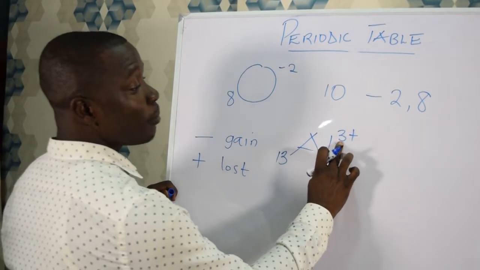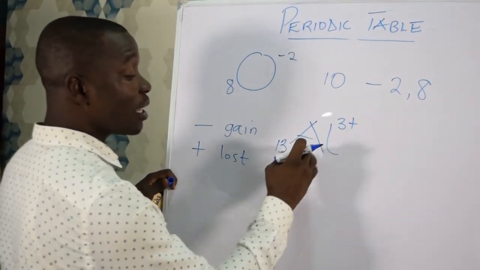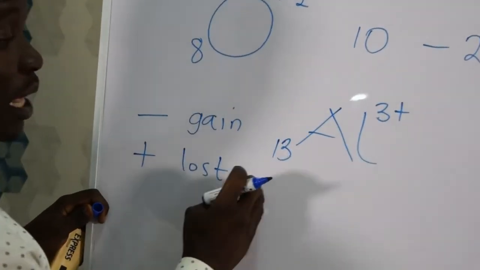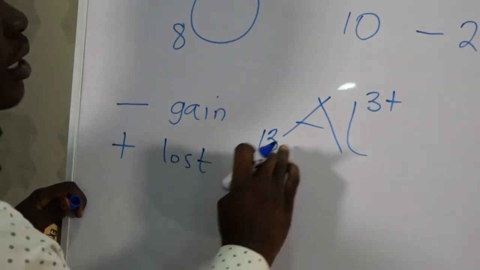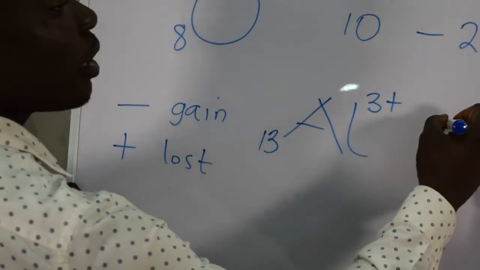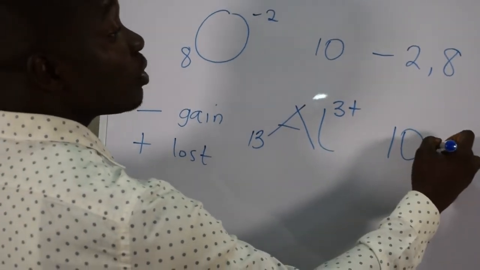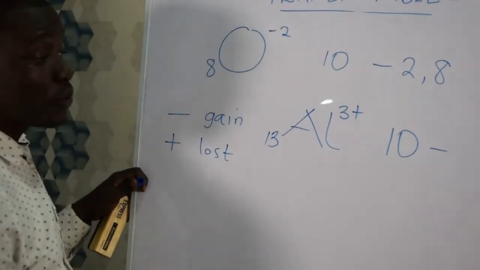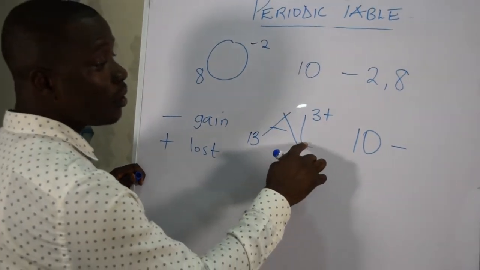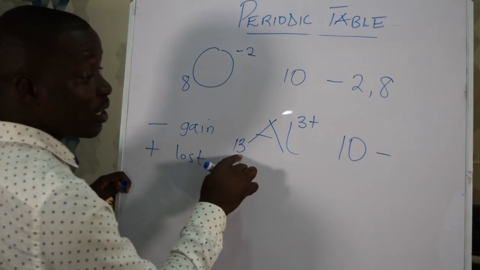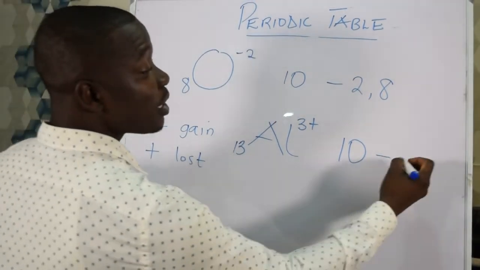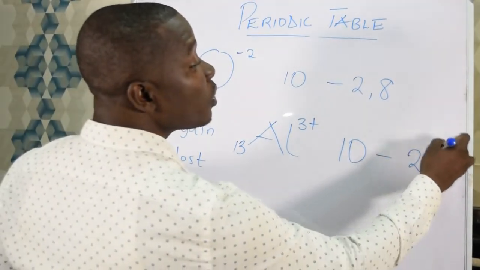But the presence of the plus 3 tells me that it lost, it gave out 3 electrons. So if I was having 13 and I lose 3, I'll be left with 10. So when you are writing the electron configuration for Al3 plus, you don't write it based on the 13 electrons, but you write it based on 10. So it becomes 2, 8.